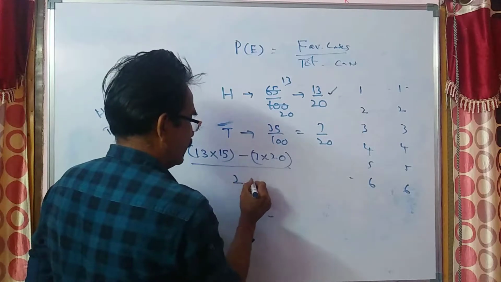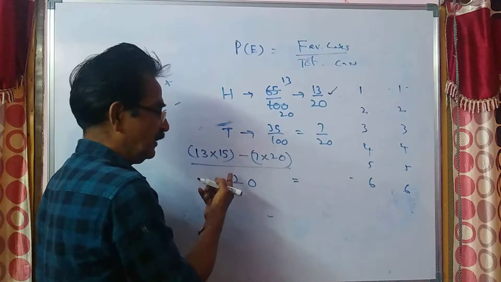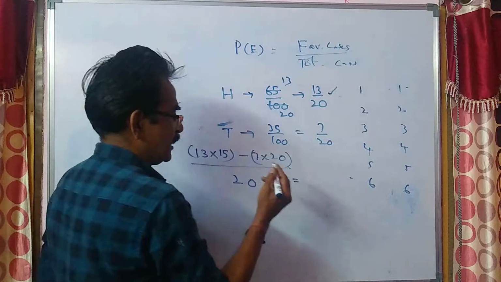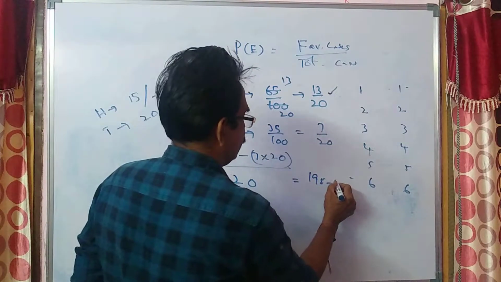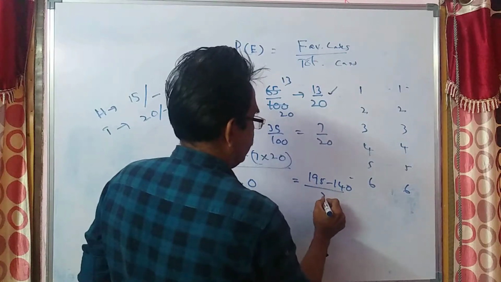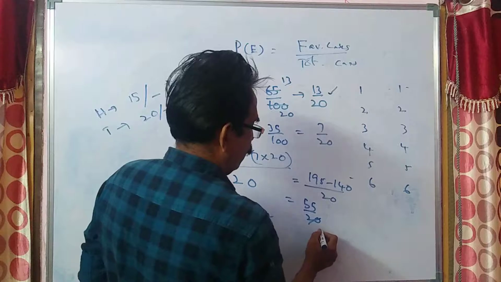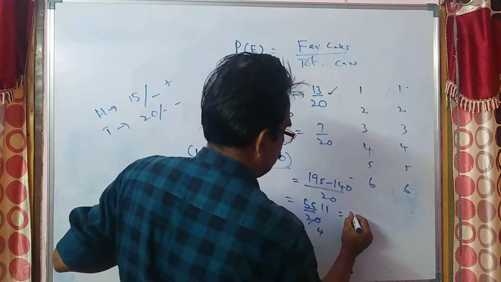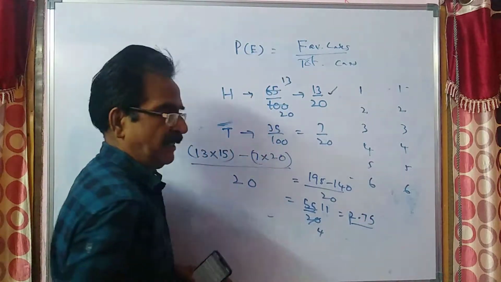By average, total number of trials 20. 13 15s, 130 plus 65, 195, minus 140, by 20, 55 by 20, which is 11 by 4, that is 2 rupees 75 paise.